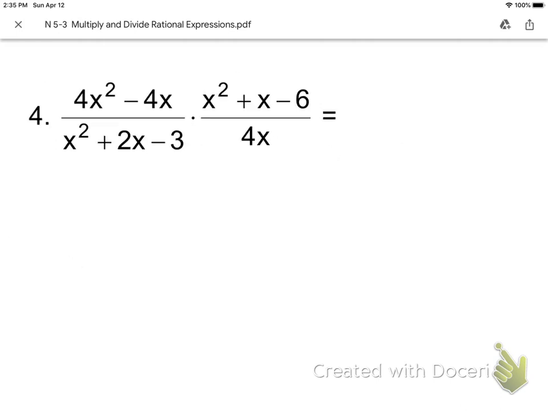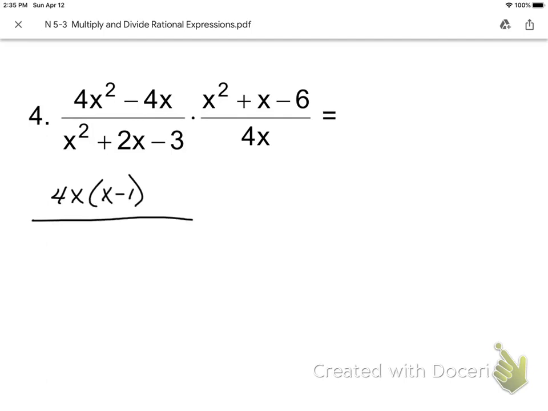All right, so let's go to problem number 4. These are a little bit easier to factor because we don't have any coefficients in front. So for our first numerator, we can factor out a 4x. And that leaves you with x minus 1.